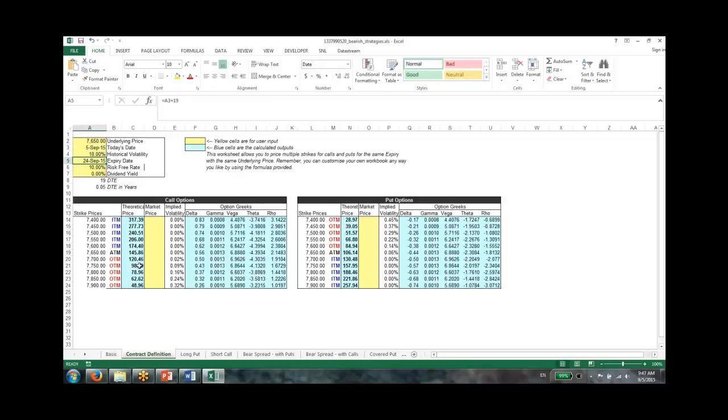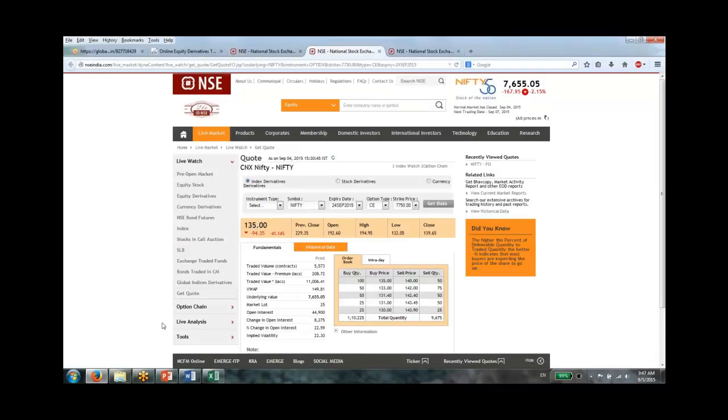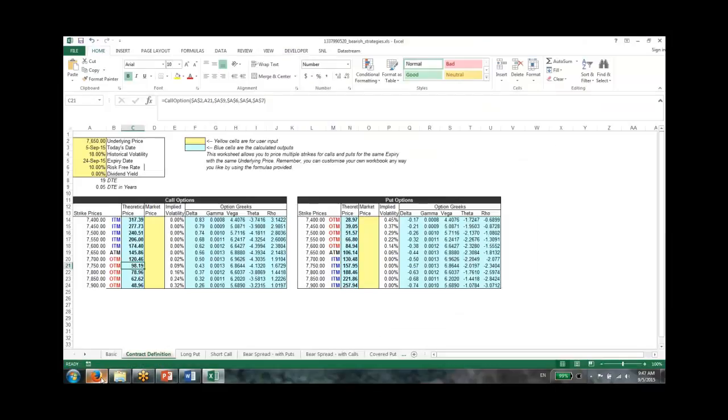So if you look at this, then as per the Black-Scholes Merton model, the price of the option should be 98.19. Here you see this one, that's 98.19. However, we see that in the market, this option is trading at 135. So obviously there is something not correct.